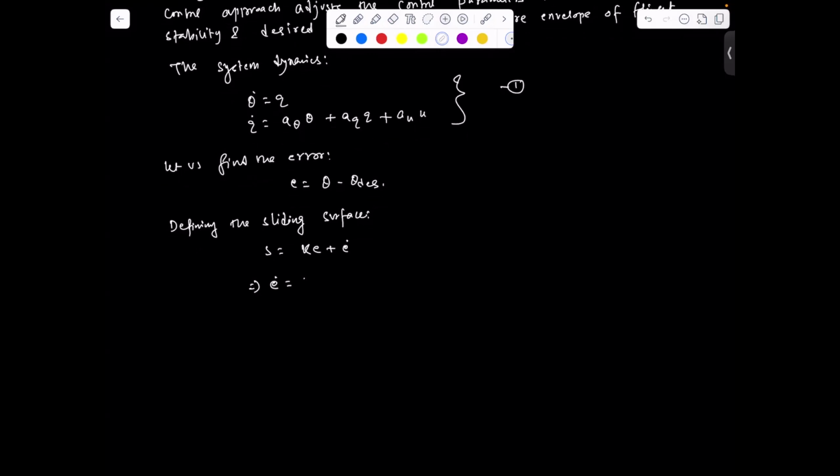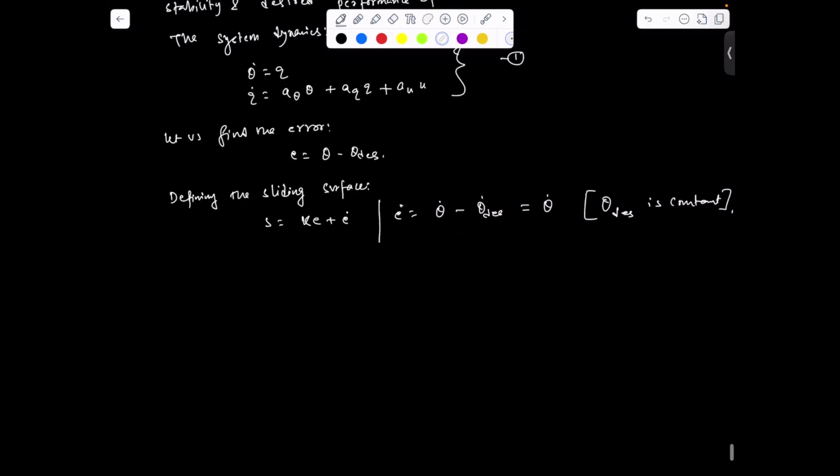One more step here. E dot we can write as theta dot minus theta d dot. Here we are assuming theta d is a constant.